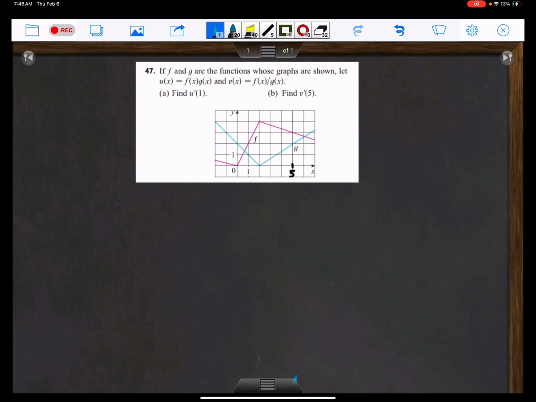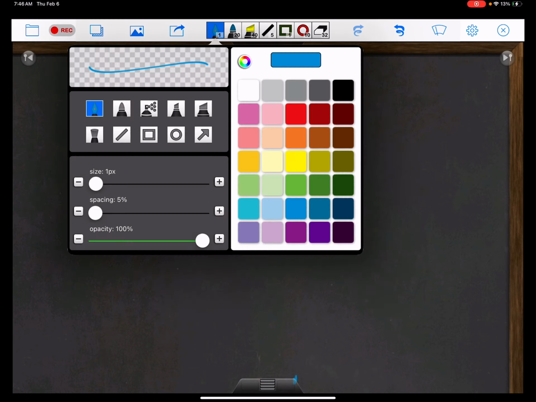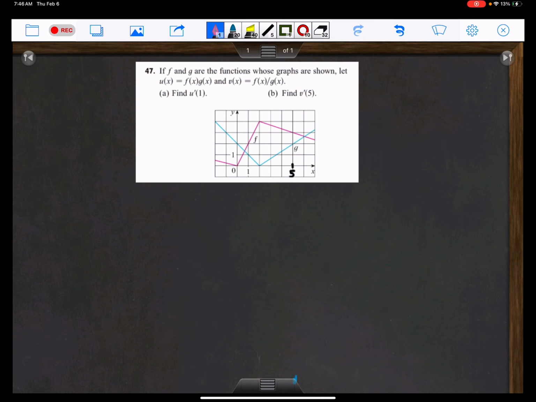So in this problem, we're going to need to know the slope of f at 1, which is the slope of this line at 1. And we're going to need to know the slope of g at 1. So we see that at that point right there for g, the slope of the line, down 1 over 1, is -1.